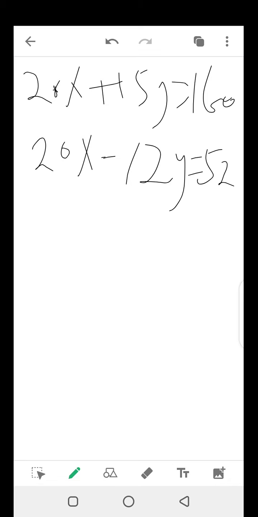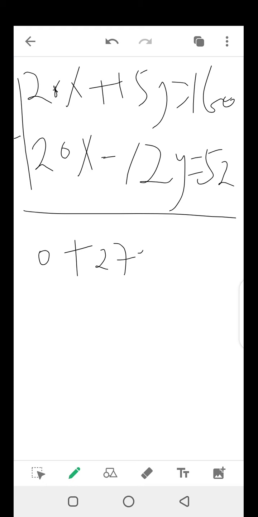So now, if I want to eliminate x, I'm going to subtract, of course. So when I subtract, 20 minus 20 is 0, plus 15 minus minus 12. Minus minus becomes a positive, and it's going to be 27y equals 160 minus 52.